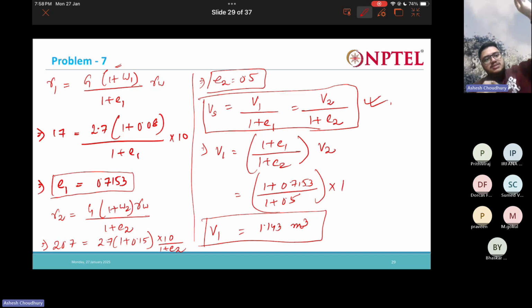Here 1 gram was there, here also 1 cc, like that. The volume of soil solids never changes. Total volume might change because the void ratio might change, the water content might change, the density may change, but the volume of soil solids, when you are transferring from one place to the other, remains constant. So this is the main conceptual part here. Okay.